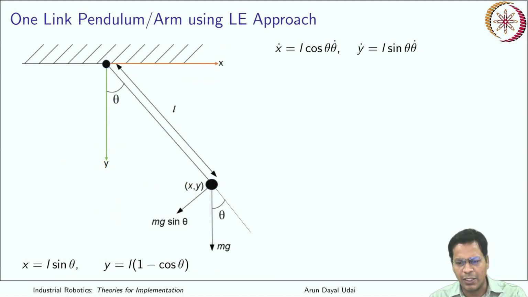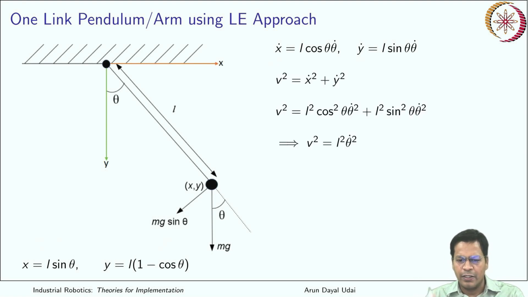If you take the derivative of that, you will get velocity along x and velocity along y. Squaring and adding them should give you the velocity at this point, v square, which is velocity along x square plus velocity along y square.